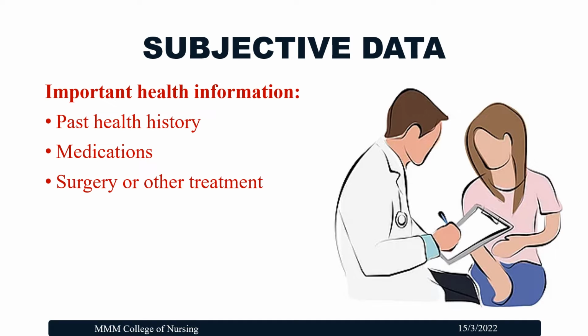In the subjective data, we'll be trying to collect the important health information such as the past health history, the medications, any surgery or other treatment that the patient has undergone.